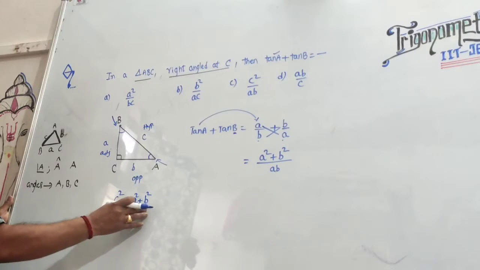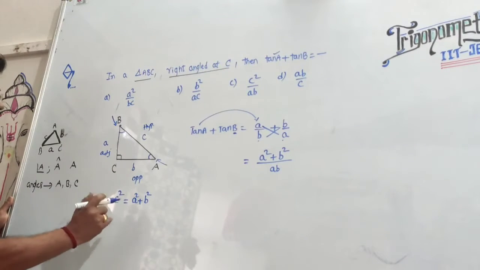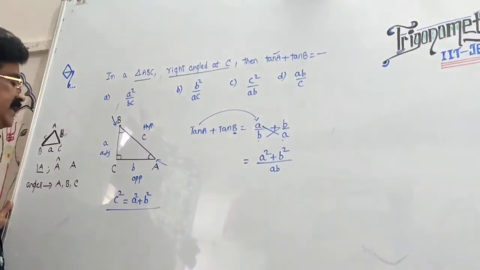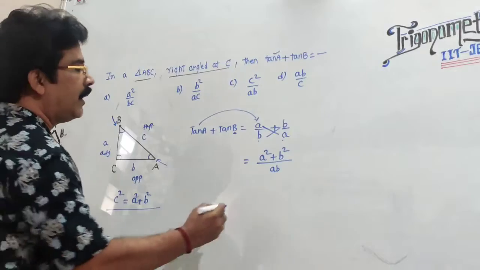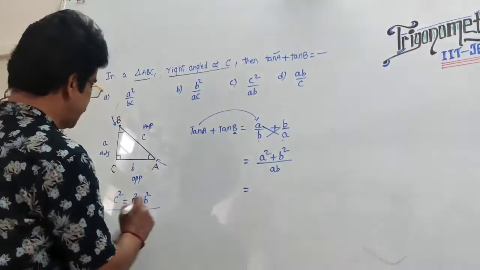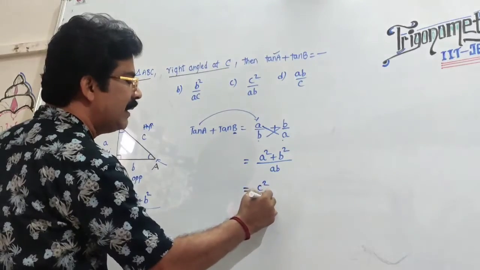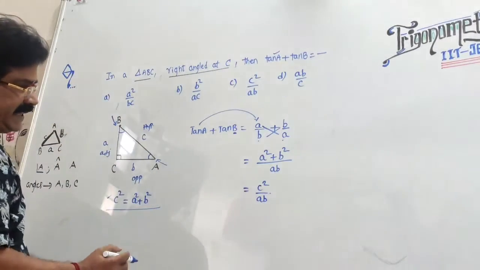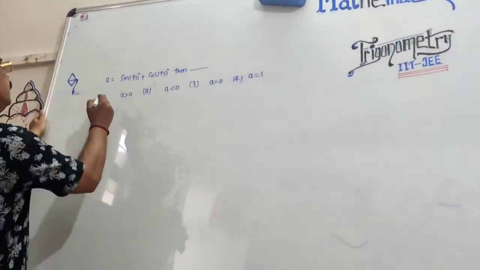Either a square plus b square or b square plus a square, both are the same. Anyhow, a square plus b square is equal to c square. Instead of a square plus b square, we can write c square. So it is c square divided by ab. So it is in which option? C, the third option.